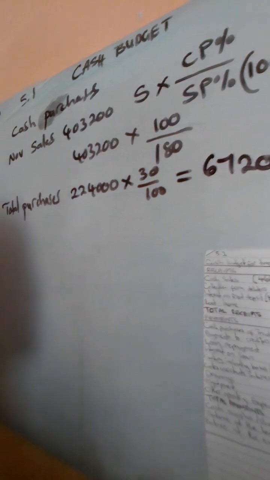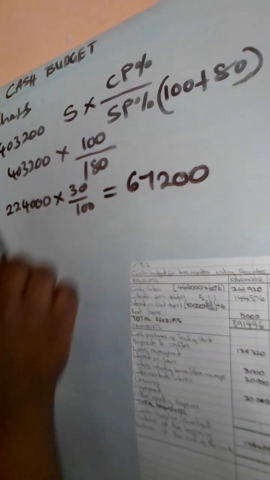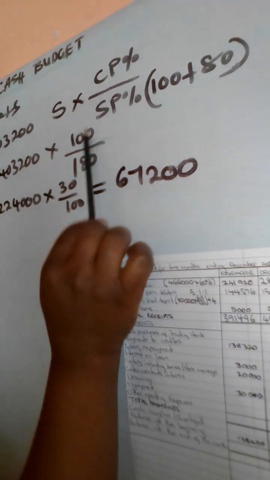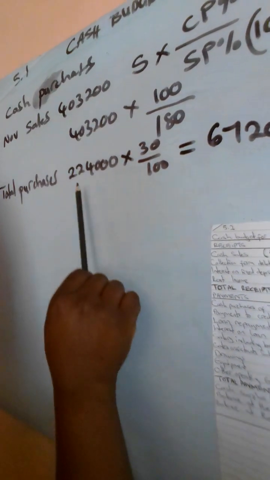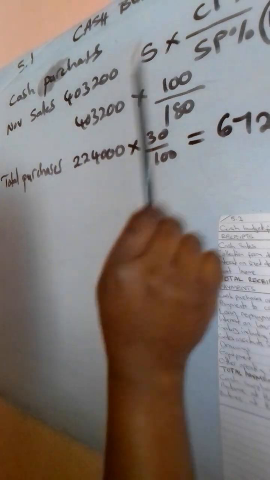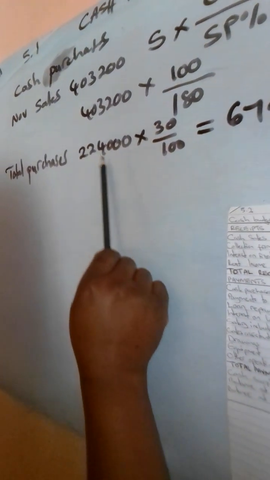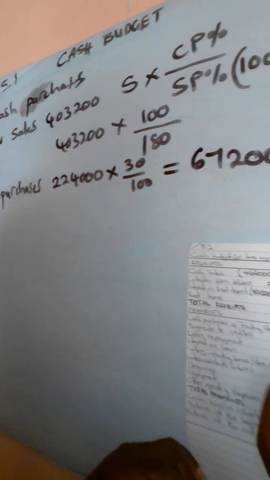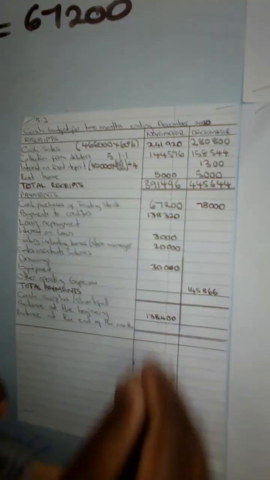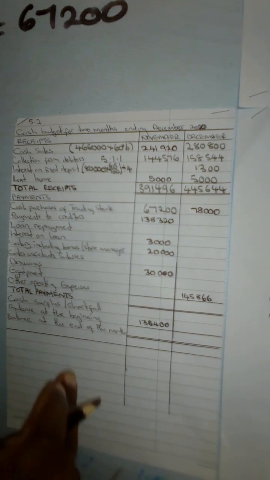I hope you understood that calculation. We use the markup to get the total purchases. Then remember 70% is credit and we only want 30%, which is the cash, which is 67,200. Now let's move on to the payments to creditors.